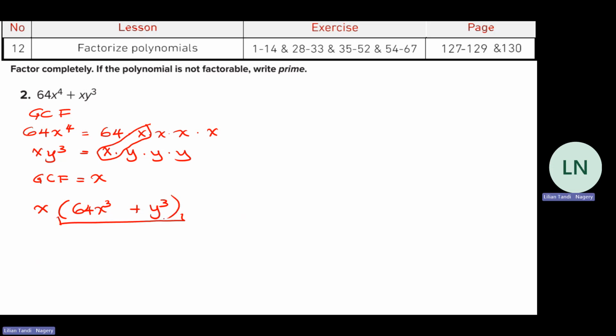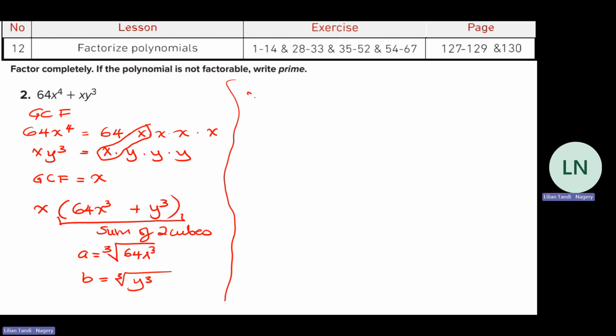Now this is a sum of cubes, or sum of two cubes. So I need to find a, which is the cube root of 64x cubed, and I need to find b, which is the cube root of y cubed.